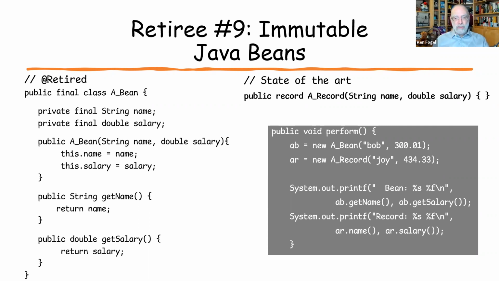They're immutable, so there never was going to be a set, but they don't use the get. They simply use the name of the variable. So ar.name is the equivalent of getting the name in our regular bean. We have simplified our code and, by virtue of immutability, made it more secure. One more to go.